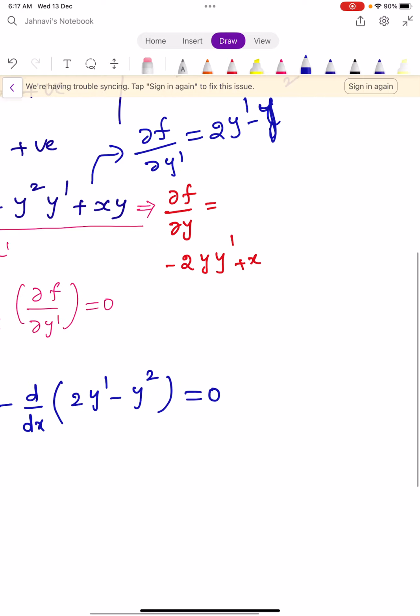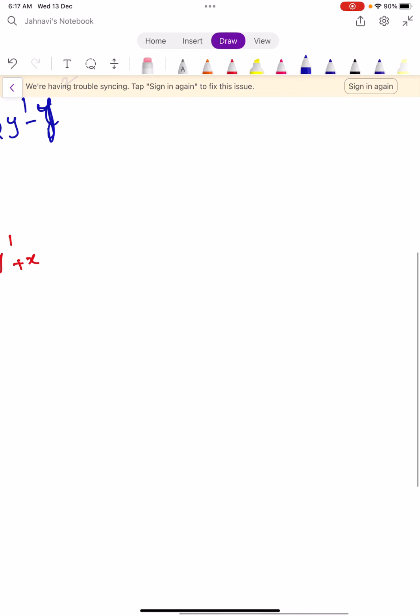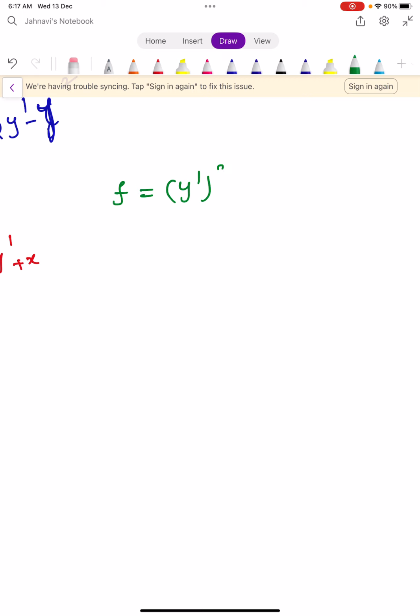So I repeat this differentiation clearly to understand once again. What is f? f is equal to y dash square minus y square y dash plus xy. Differentiating with respect to y, dou f by dou y: here there is no y, so it becomes 0.